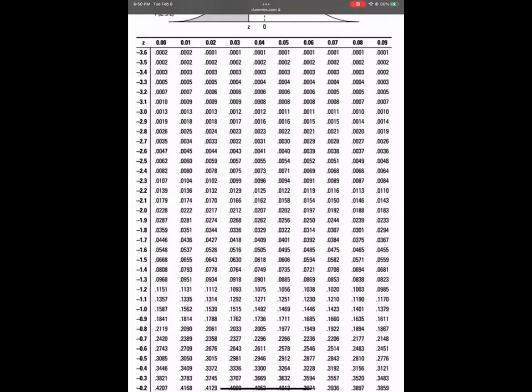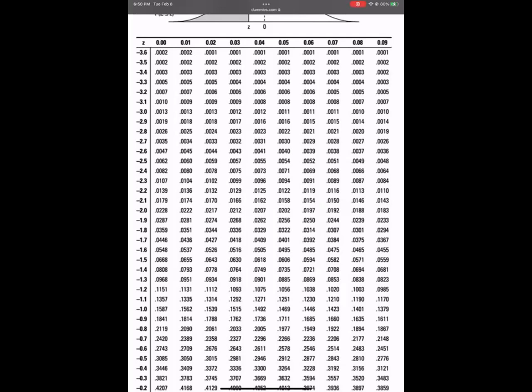Good. So if you look in the left column, it tells you Z. Also on the top, it tells you Z. So I'm going to put them together. I'm going to find negative 1.6 in the left column, and then the second decimal, the 3, I'm going to find in the top row, 0.03.